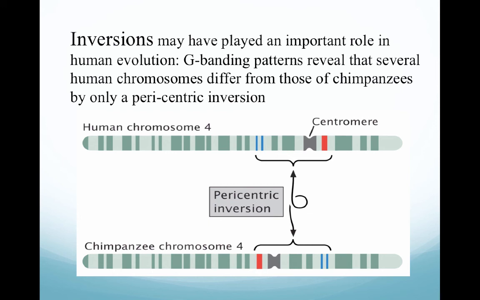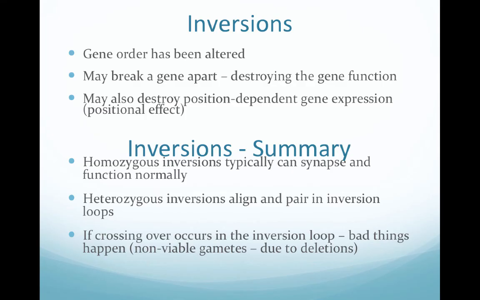And because of a pericentric inversion from our ancestors, the chimpanzee, that actually resulted in us becoming humans and chimpanzees staying chimpanzees. So these types of inversions, as long as they stay viable, really have helped with the evolutionary process.